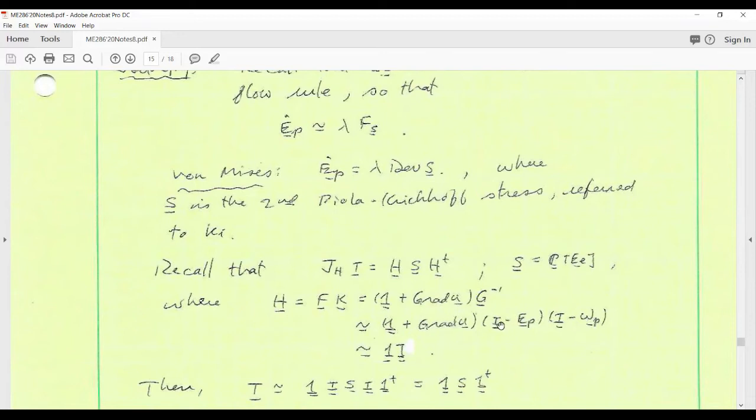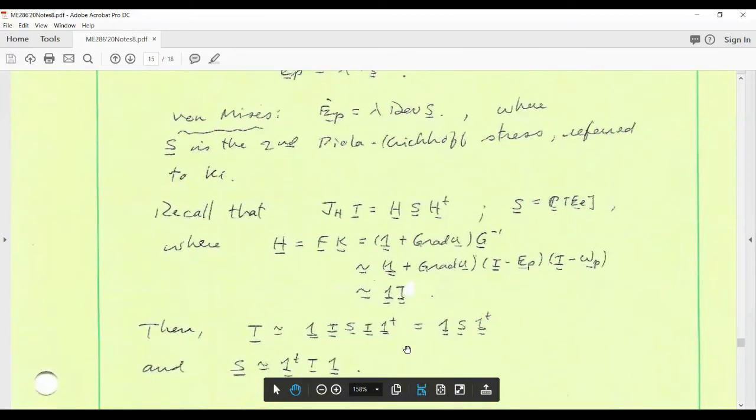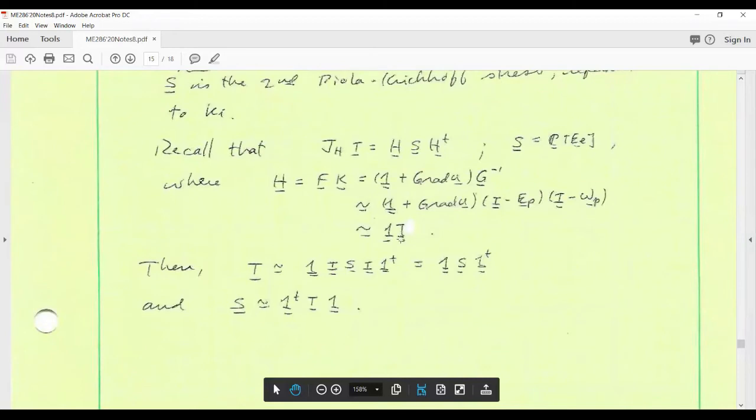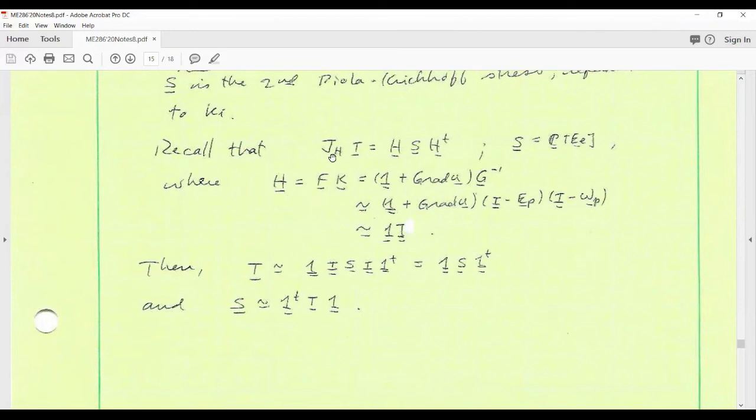This product is approximated by the identity. If we invoke the small displacement gradient assumption and neglect this in comparison to this, then H, just like F, is approximated by the shifter. The shifter times the referential identity is again the shifter. So the determinant is approximated by 1.